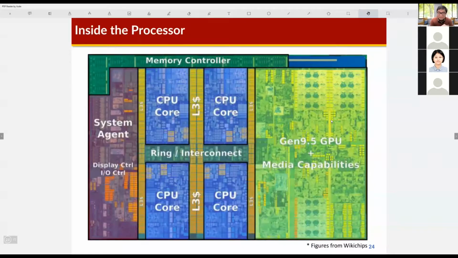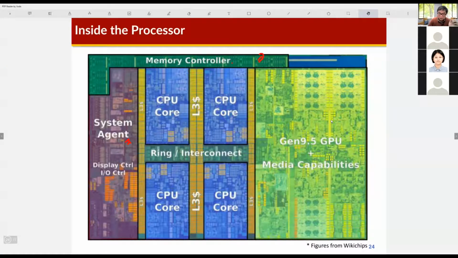Okay, how about this figure? This figure shows which part is assigned to which component of a processor. As you can see, this area is assigned to the memory controller of a CPU, and this part is the system agent.